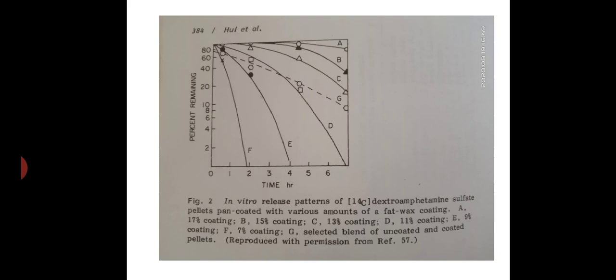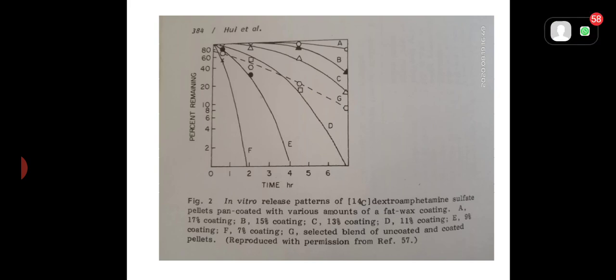As the amount of coating thickness increases, if you have a 17% coating, the coating thickness over the drug will be high. If 7% coated, obviously the coating thickness will be very less. So as the coating thickness increases, the amount of drug released is reduced and more drug remains within the delivery system.